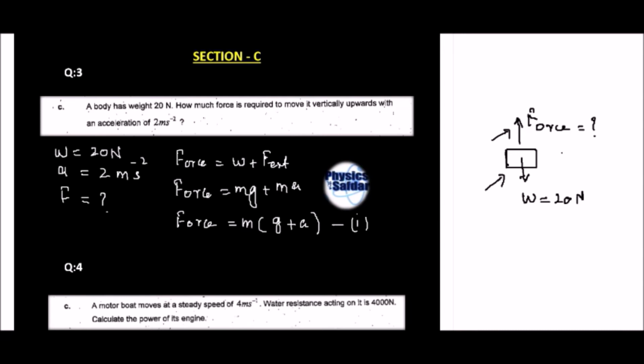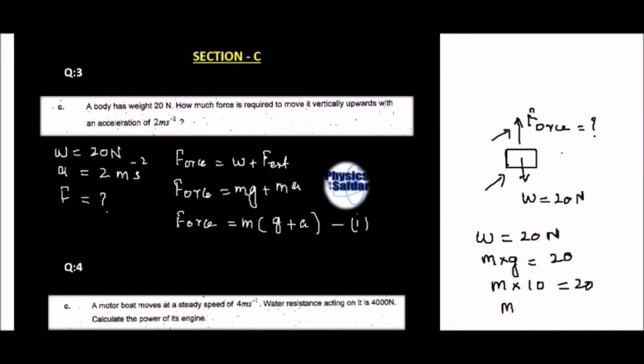To calculate the force, we need three things. You need mass, you need gravitational acceleration, and acceleration of the object. We don't know the mass. G is 10, a is 2 meters per second squared. So first we need to calculate the mass by using the equation of weight. W is given. W is equal to 20 Newton. You can write W is equal to m times g. Then make m as a subject. m times g, you know well, 10 and 20.